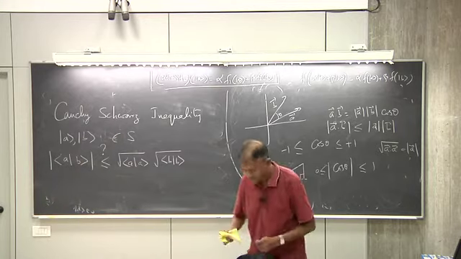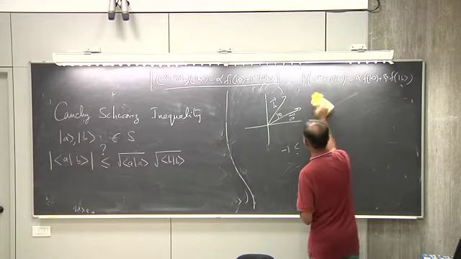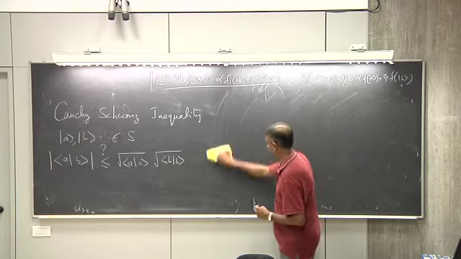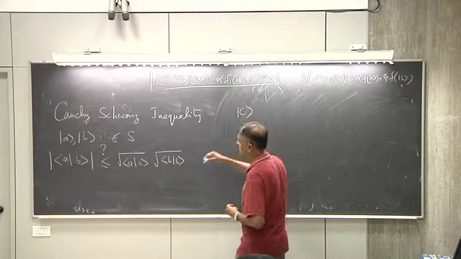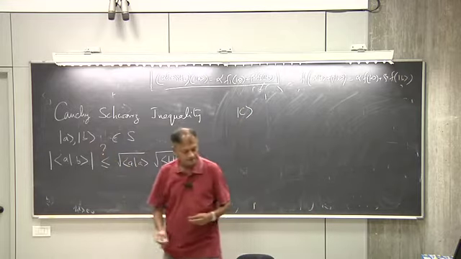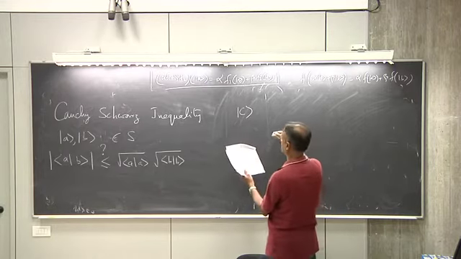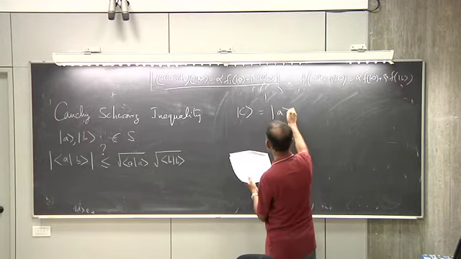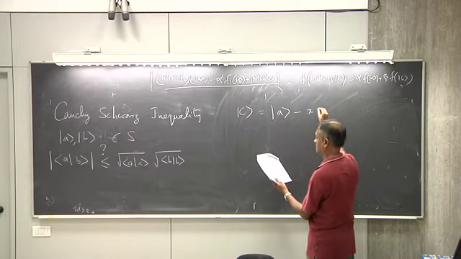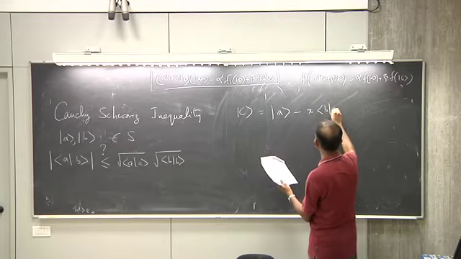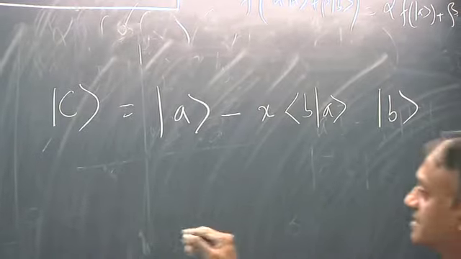Okay, so let's see. Consider a vector C, which is a linear combination of A and B in a very particular way. I will write it like this: C is equal to A minus x times (B with A) times B, where x is a real number.